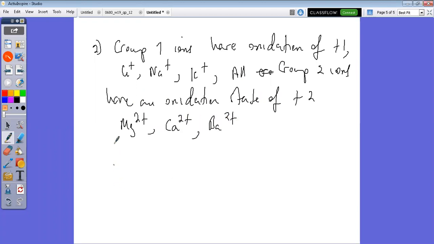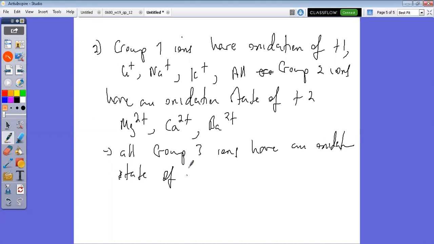Are we together? Then all group 3 ions have an oxidation state of +3. So we have aluminium 3+.